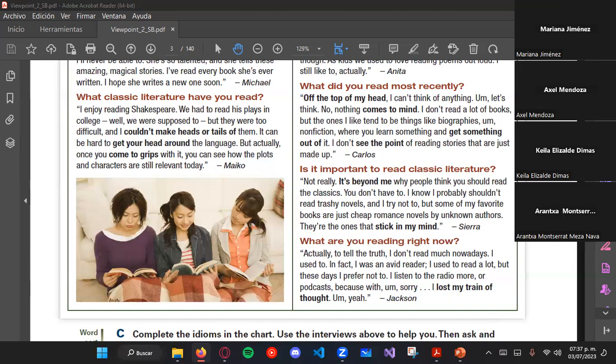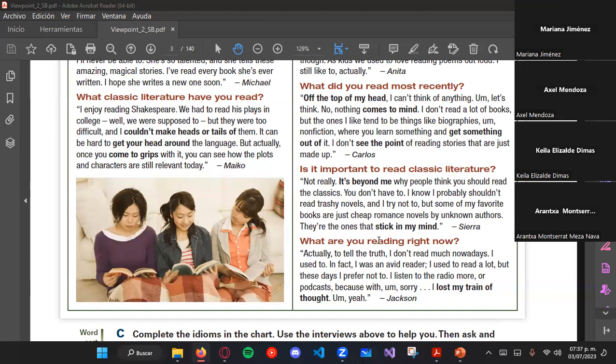Yes, please. Actualmente, para decir verdad, no leo mucho. Actually, it's not "actualmente", it's "de hecho" or "en realidad". De hecho, en estos días, para decir verdad, no leo mucho. Lo solía hacer.